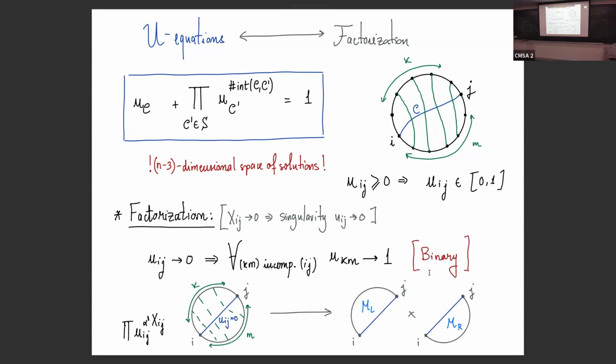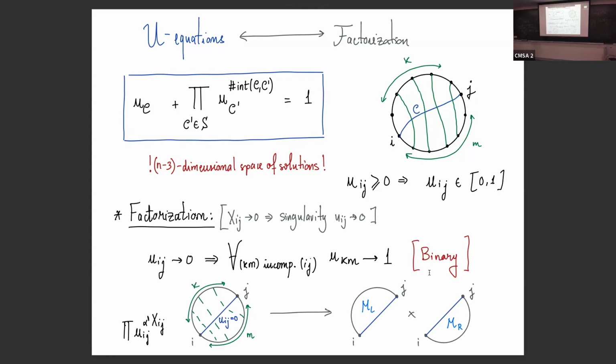And in these integrals, when the exponent of a given U goes to 0, then the integral develops a singularity precisely when the corresponding U goes to 0. And from the U equations, if a given U_ij goes to 0, then all the ones that cross it, so that appear in this product with a non-zero exponent, automatically have to go to 1, so that these equations are satisfied.